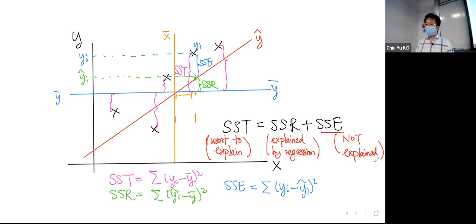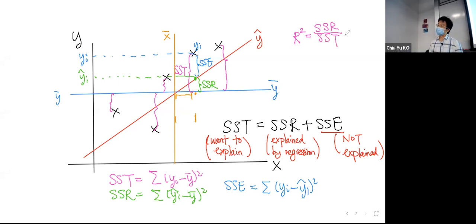Okay, and that would mean we will have one thing we learn called R-square. R-square is defined very simply as the part that you have explained over the part that you want to explain.